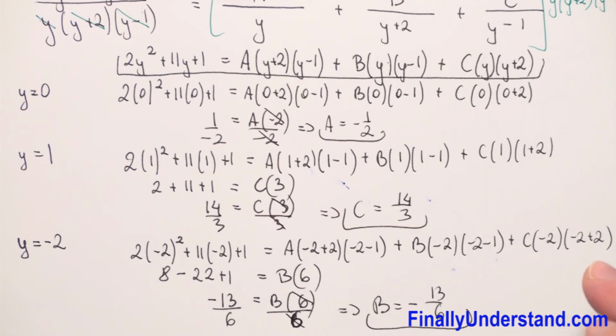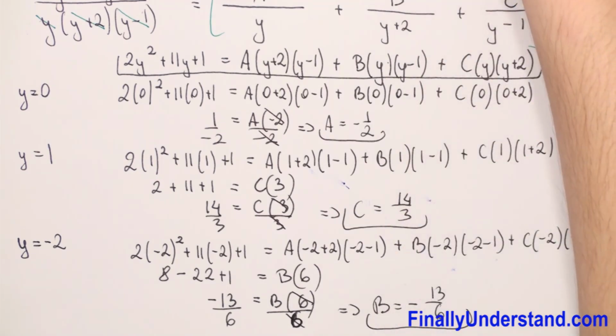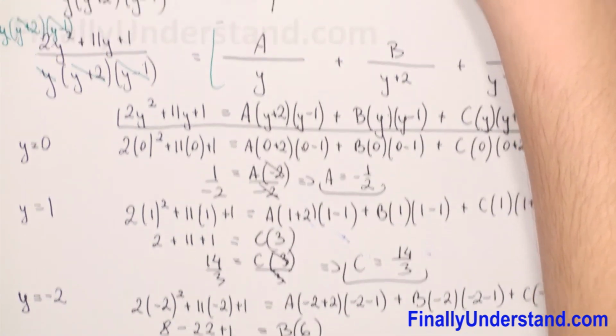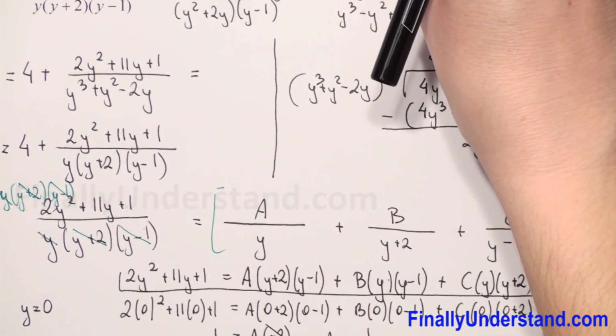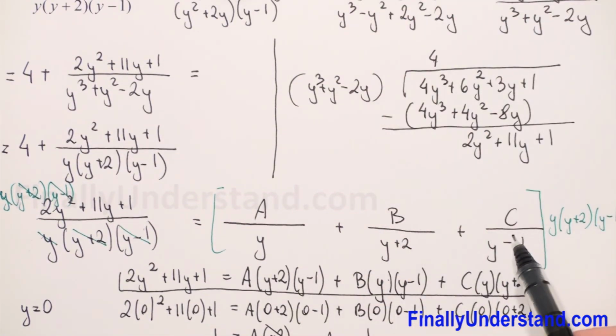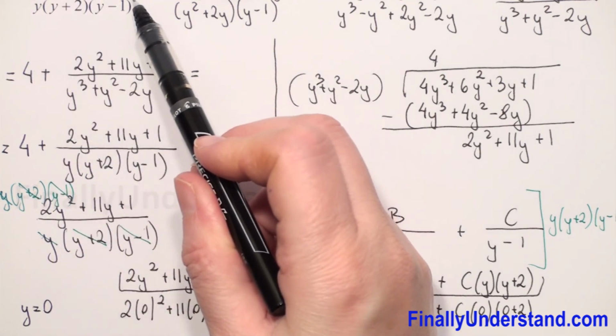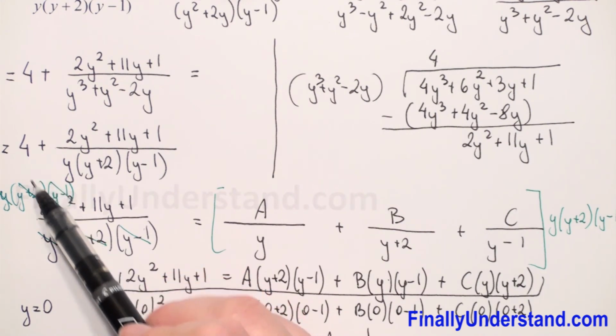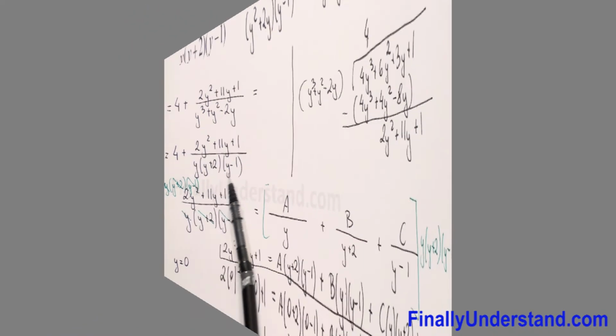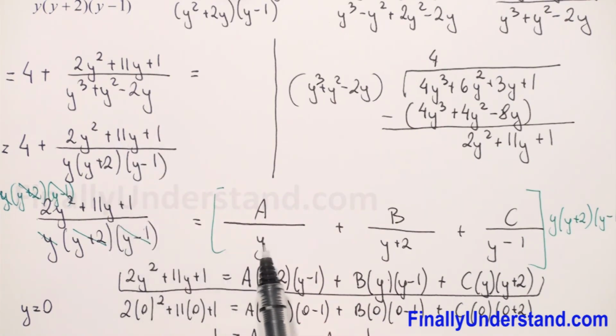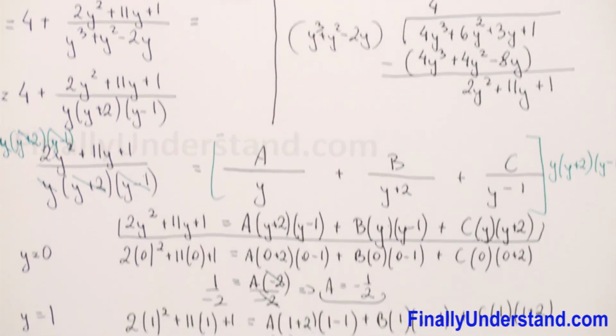So now we have to come back to our original problem. We found a, b, c. So we can now rewrite that our original fraction is equal 4 plus, and our rational fraction we will rewrite to sum of these three partial fractions.